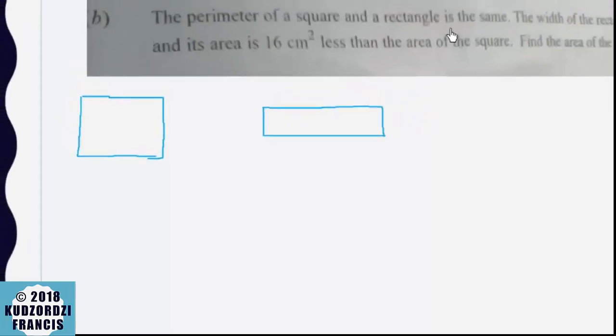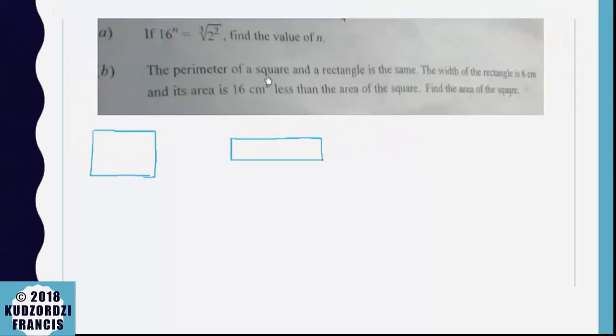Now, we're told that the perimeter of the square and the rectangle are the same. The width of the rectangle is 6 centimeters. Now we don't know the length, but we're told that the area is 60 centimeters squared less than the area of the square.